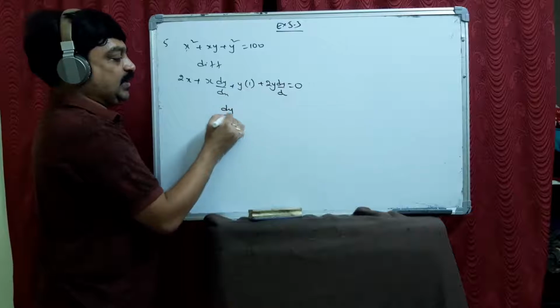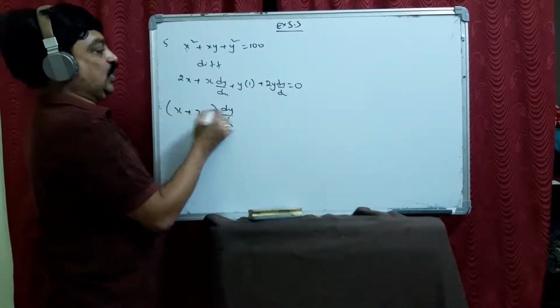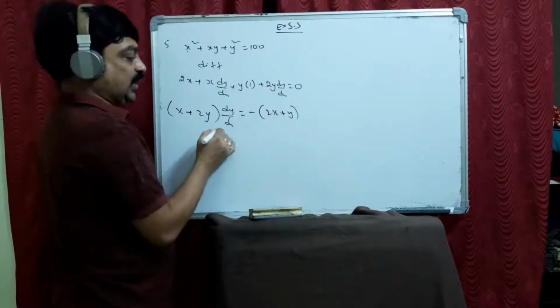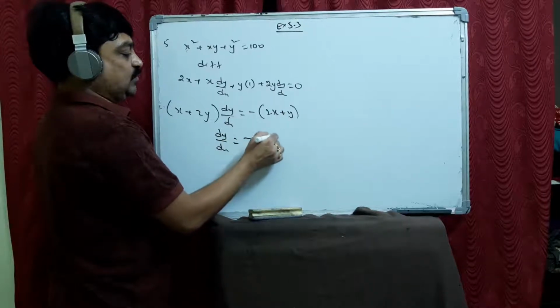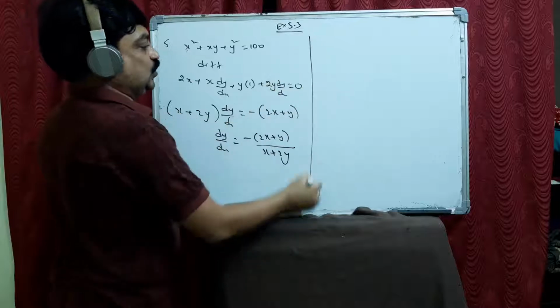Now take dy by dx common, the left side becomes x plus 2y, equal to minus of 2x plus y when you take the other terms to the right side. So dy by dx is minus of 2x plus y by x plus 2y.